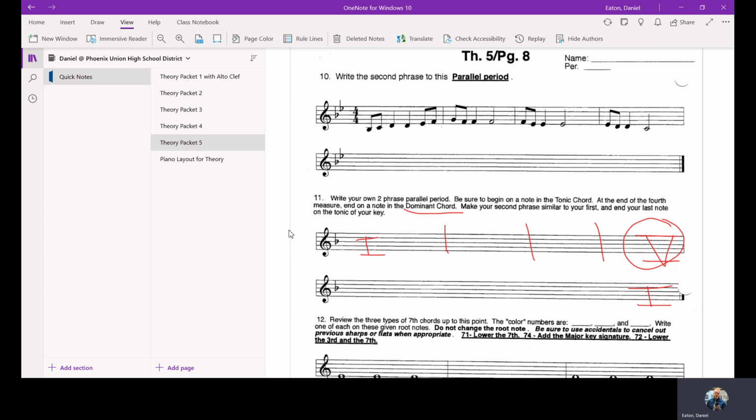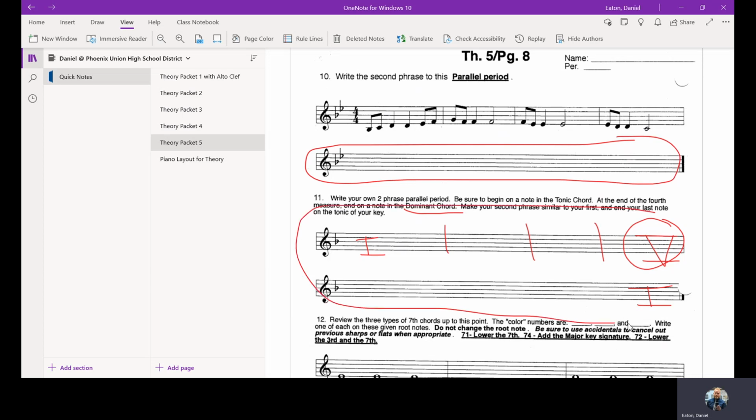Okay, so you're going to write out, oops, forgot to circle this, sorry. You're going to work both of these things with these kind of limitations, or you know, form structure things in mind. Again, you can write this however you want. You can make it in 4/4, you can make it in 2/4, 3/4, 6/8, whatever time signatures we've discussed so far.